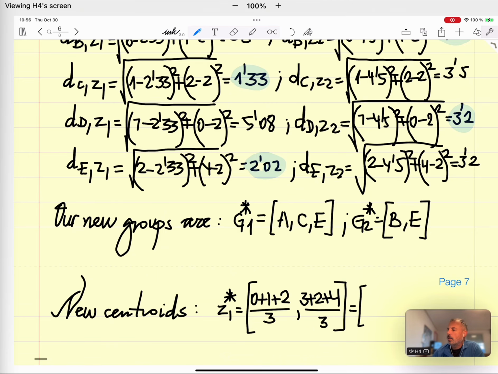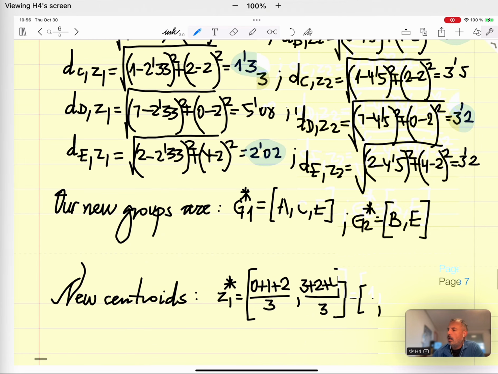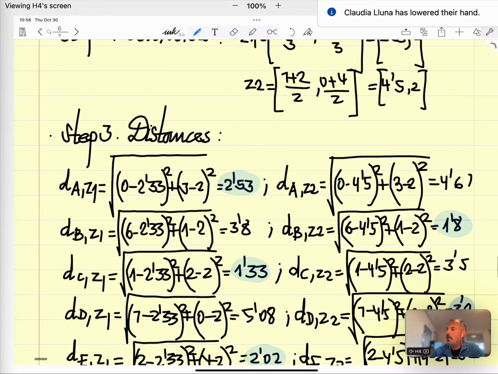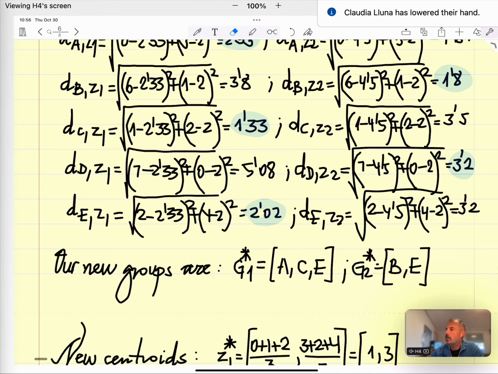So this yields 1, and 3. Okay, and the second centroid is given by B and D. Sorry, it's not E, it's D. We cannot have a point in two groups.